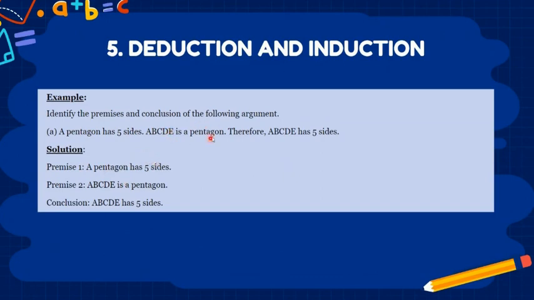The next premise is: ABCDE is a pentagon. When we can relate premise 1 and premise 2, the next one should be the conclusion. If we relate these two premises, we can conclude that ABCDE has five sides, since one states about a pentagon and the other is a pentagon.